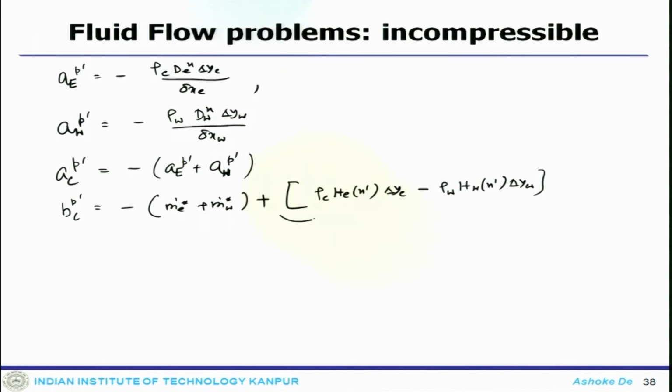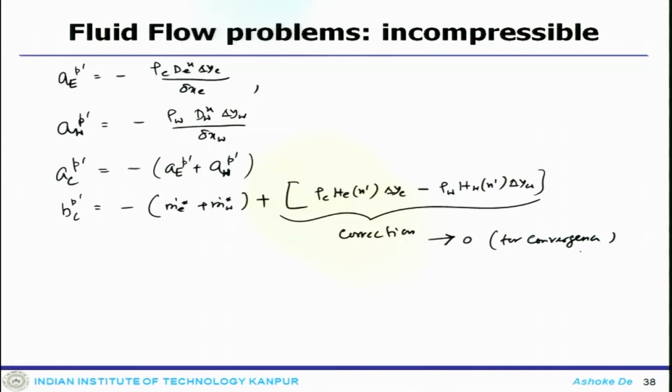So, this particular term involves the corrections, and this will become 0 when there is no correction, that is, when the solution has converged. Then there will be no effect on the solution.